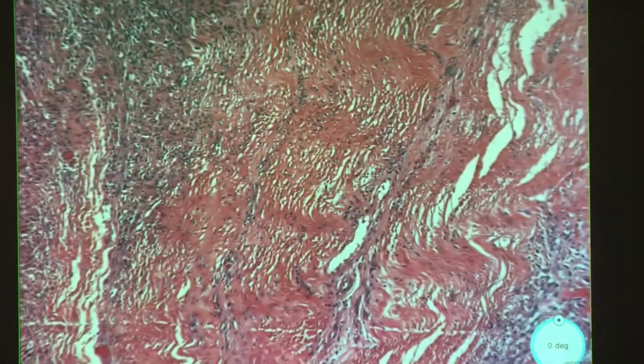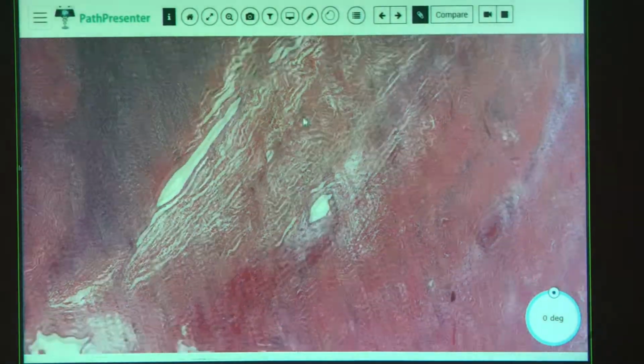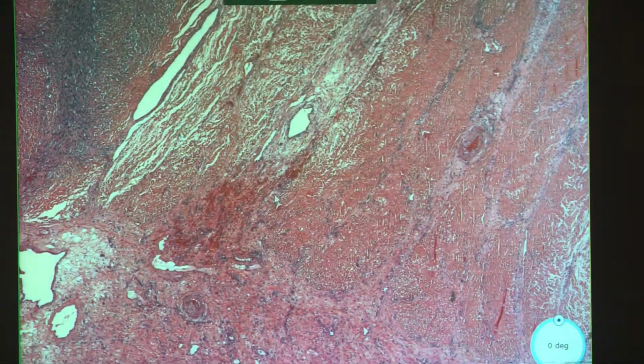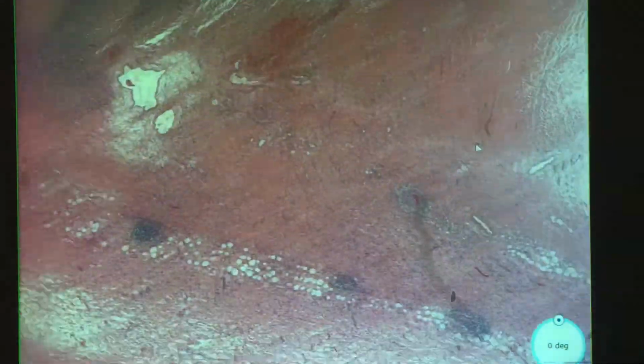And this just looks more like some fibrin deposition. What else is going on here? Okay, so that's kind of what we have going on here.